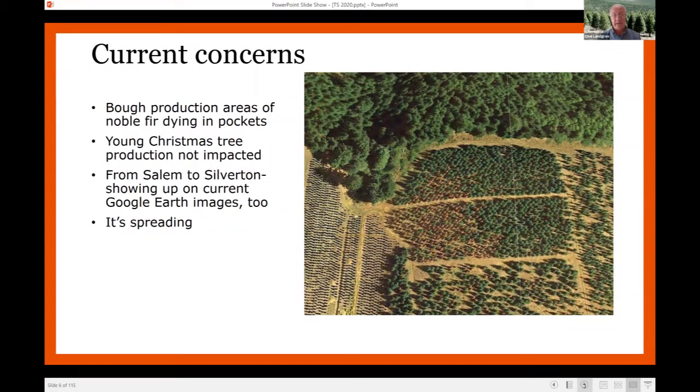It looks like it's starting near the bottom and working up on the slope. Some of the things that we notice in the field with this is that young trees may not be impacted. We're seeing damage from Salem to Silverton. Some big areas are affected by this condition, with noble fir dying, and it seems to be spreading.